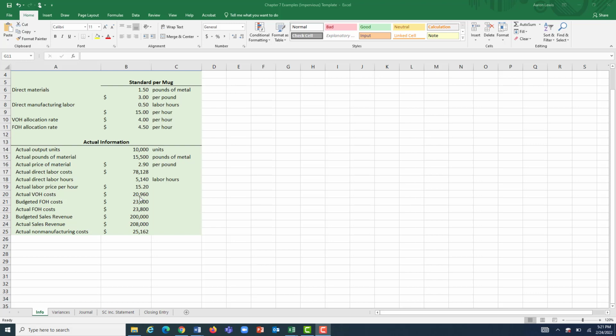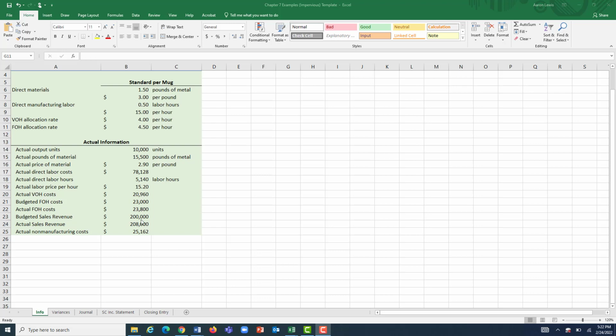Their actual variable overhead cost for the period ended up being $20,960. And while they had originally budgeted for $23,000 in fixed overhead costs, something changed, and they ended up having actual fixed overhead costs of $23,800.